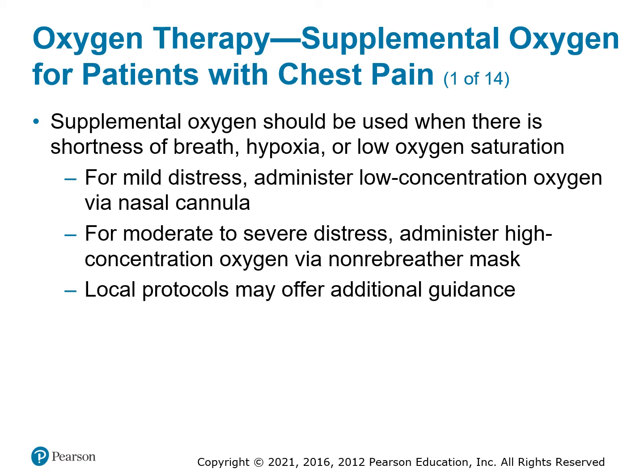These need to be set at 12 to 15 liters per minute. If we are not setting them at least that high, then we can actually cause hypoxia or worsening of our patient's condition. The idea is that we're going to supply the patient with between 80 and 90% pure oxygen. So again, this is for someone in moderate or severe distress.